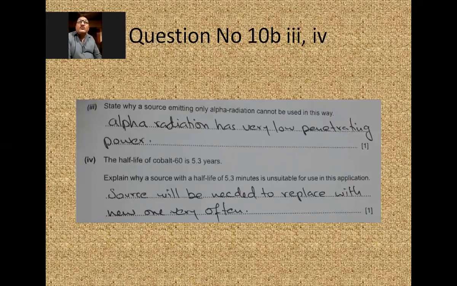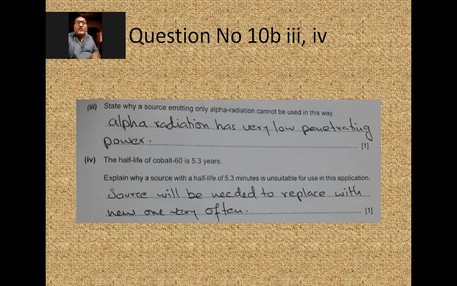You see, if I use a source whose half-life is only 5.3 minutes, that source will very quickly disintegrate. So very often you have to buy a new one and put it there.